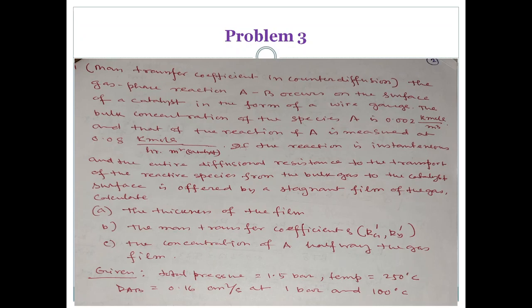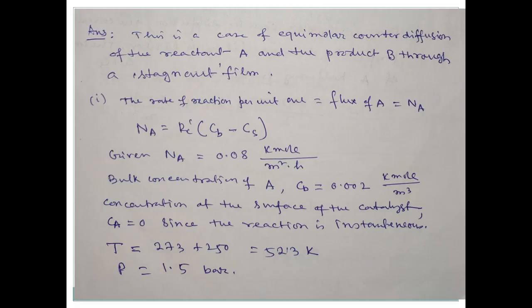So this is the equimolar counter diffusion problem, where the flux and other parameters are given. You have to calculate mainly the thickness of the film, and thereafter the mass transfer coefficient. This is a case of equimolar counter diffusion of the reactant A and product B through a stagnant film.